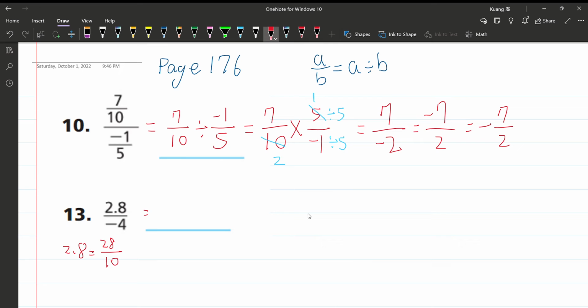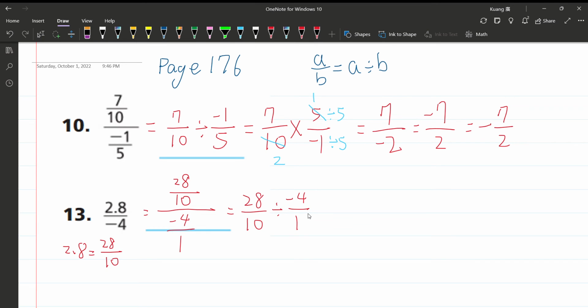So the numerator is 28 divided by 10, right? And negative 4, you can say negative 4 over 1. Okay, so that equals 28 tenths divided by negative 4 over 1.